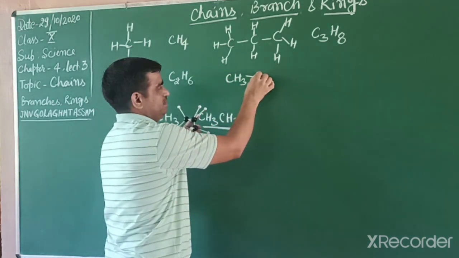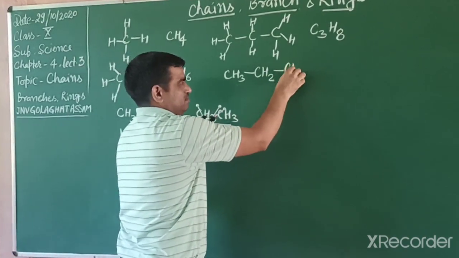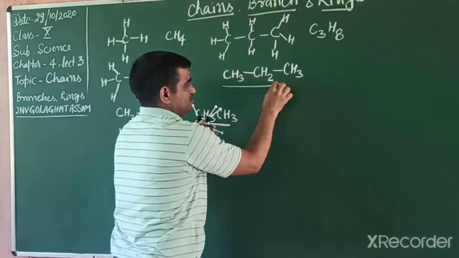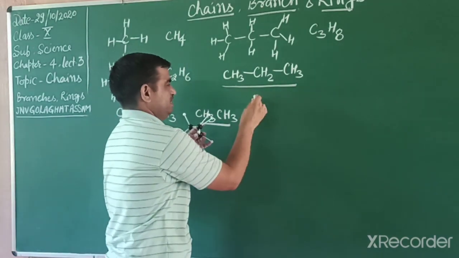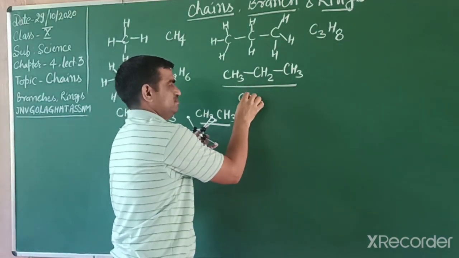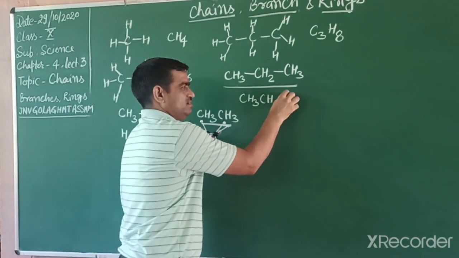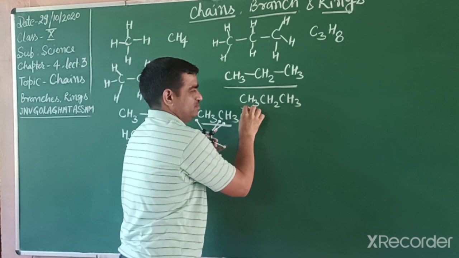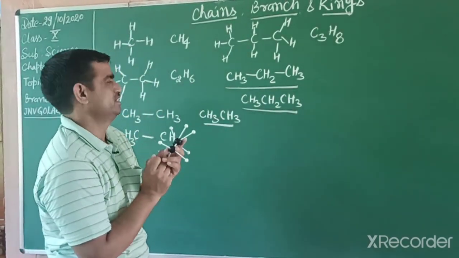And CH3, then you write CH2, then CH3. This is the condensed form. Further we can write CH3, CH2 and CH3. In this way also we can write this slightly condensed formula.